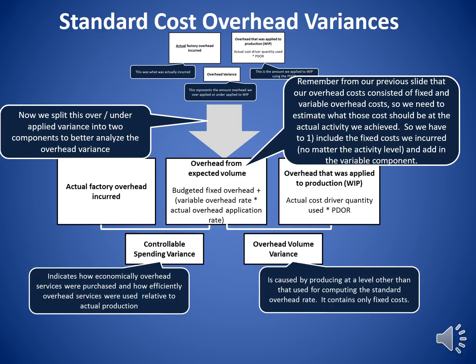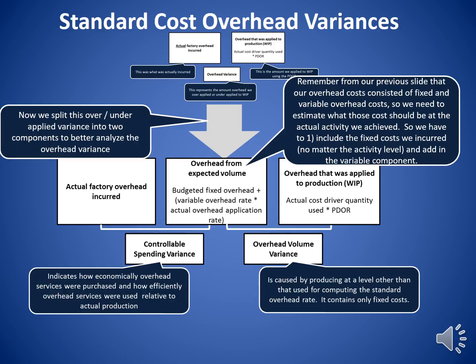Now, the thing you have to remember about this calculation, and again, I've done this box up here over on the top right. As I say here, remember from our previous slide that our overhead costs consisted of fixed and variable overhead costs. So we need to estimate what those costs should be at the actual activity level we achieve, because we based it upon an estimated activity level, and we know it's probably not going to be the same.